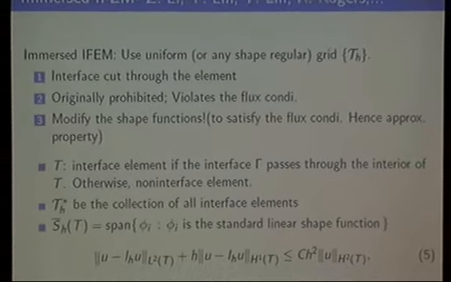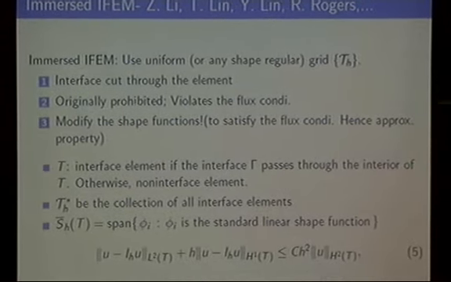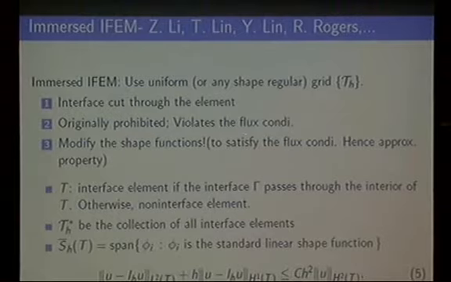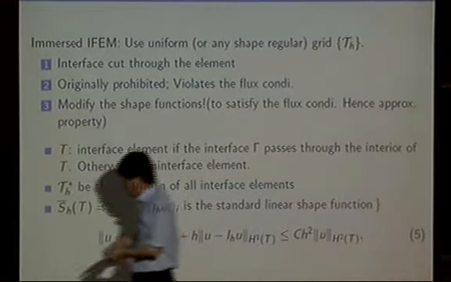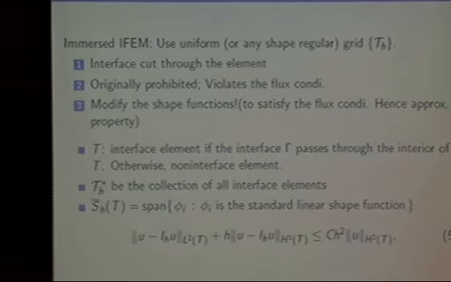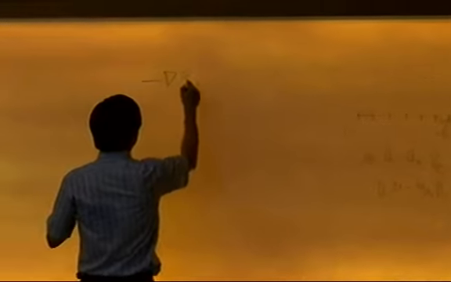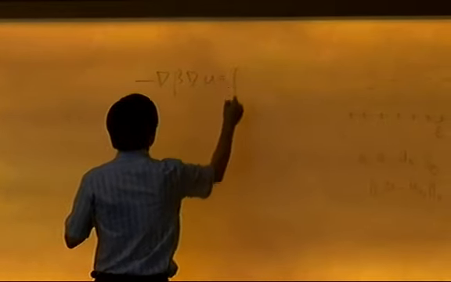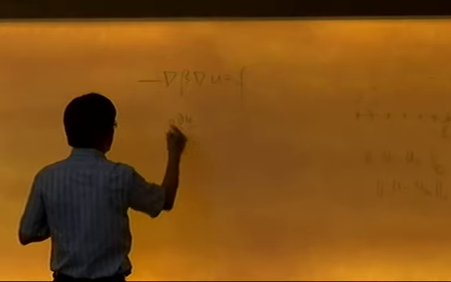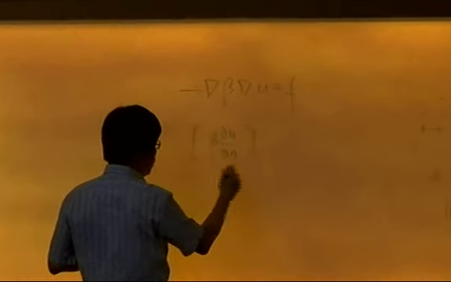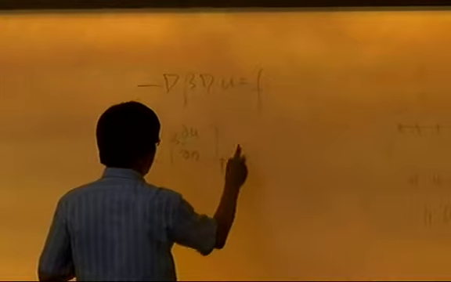Okay? This was of course originally prohibited because it violates the flux condition. Flux condition means, from the original equation, the solution satisfies beta times U sub n, the normal derivative, is 0.